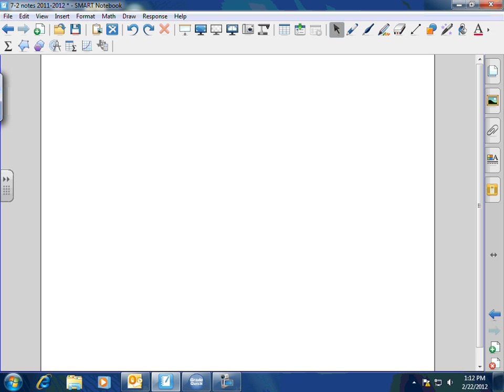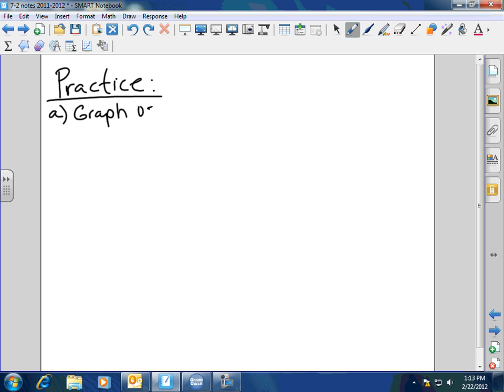Now, let me give you a couple examples from the homework, and we'll go over what it is we have to do, because it's very simple. So, let's just try this little practice problem. For the practice problem, it tells us to graph using a table of values.